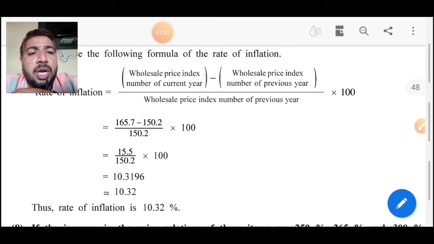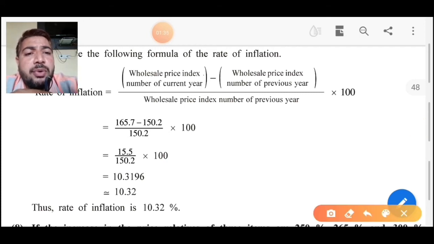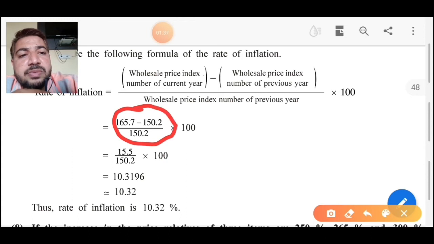Friends, make sure first of all you calculate this portion. After complete solution of this, only then you can multiply it by 100. If you have multiplied by 100 previously, then the answer will be wrong.